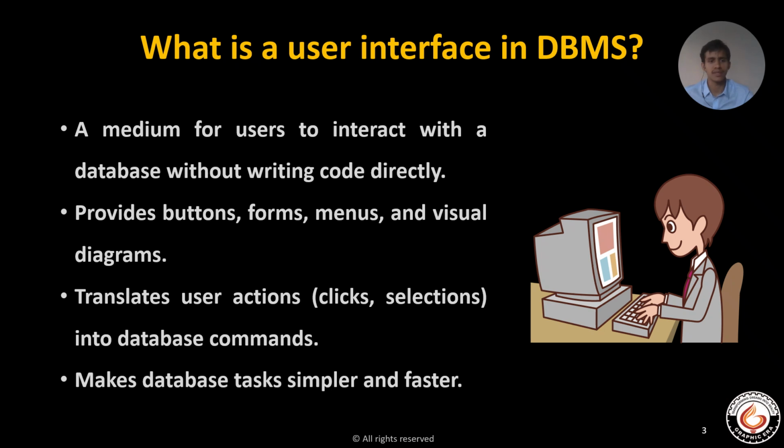And using these elements, we can choose what we want to do. User interfaces translate user action into database commands, as I just mentioned before. If you click something, it will run some command in the database. By doing all of this, it makes database tasks simpler and faster.